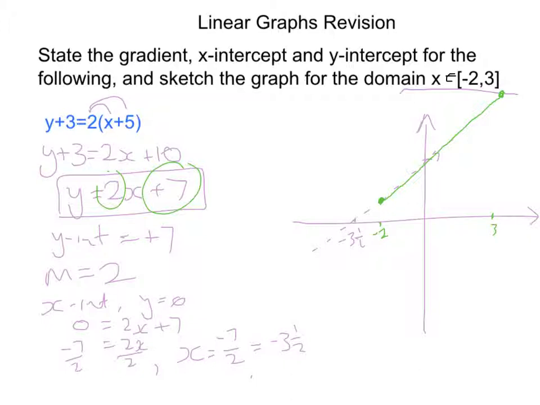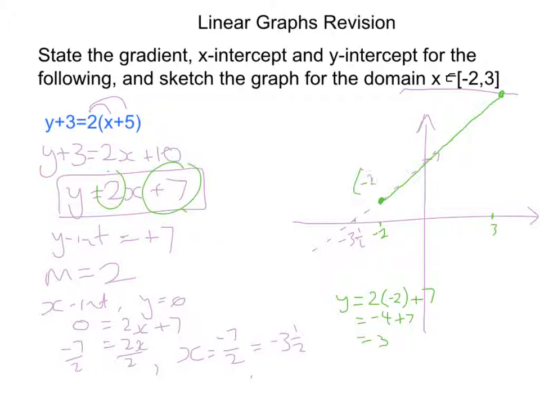So for each of our endpoints, when x is equal to negative 2 for the first one, substitute negative 2 into our equation. So I'll just use y equals 2 by negative 2 plus 7 equals negative 4 plus 7, which equals 3.